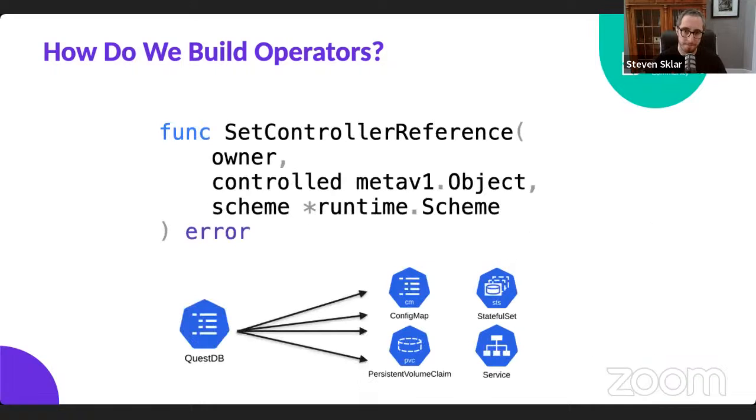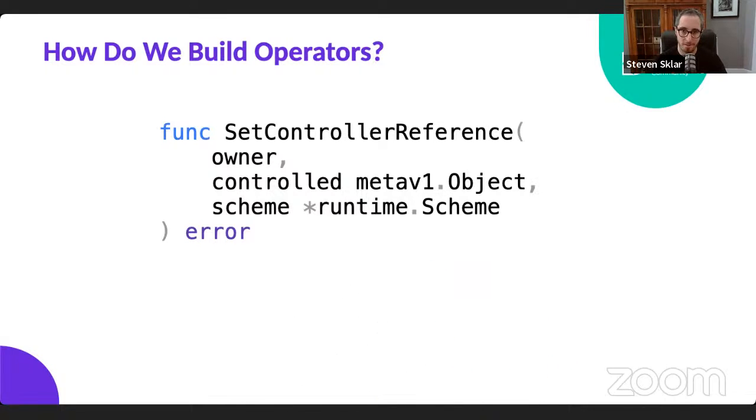These ownership relationships are created directly in code and are actually API calls to your Kubernetes API server. So not only will this help while reconciling your various objects, but it also helps in garbage collection, since once your custom resource is deleted, all of its child resources are deleted as well.